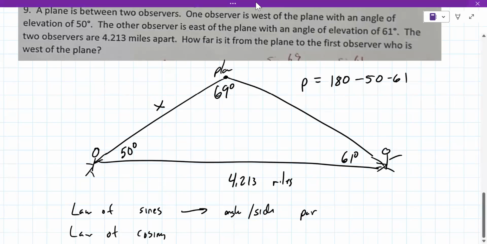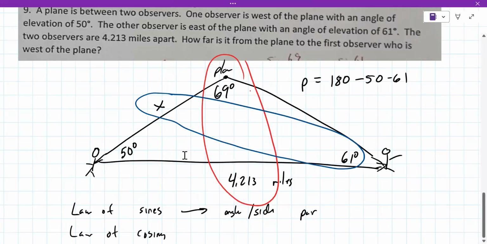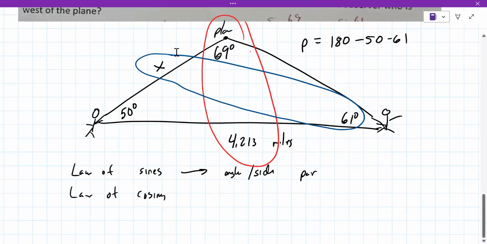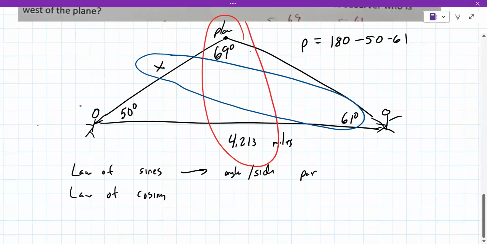Okay, so now we can use law of sines because we have what I call an angle-side pair. You've got that one. And then you can always use the one that you're trying to find as an angle-side pair, which is really important. There's no other way to do this problem without it. My preference is always to put the thing you're trying to find in the top left.